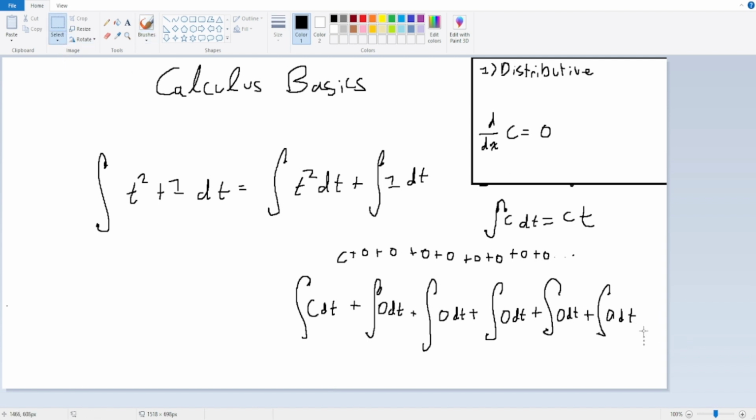And so you need to think about what is the integral of 0. And we said that the integral was the inverse of a derivative, right? So one way to think about that is, say we have the inverse of this rule. What do we have to do to 0 to get c?